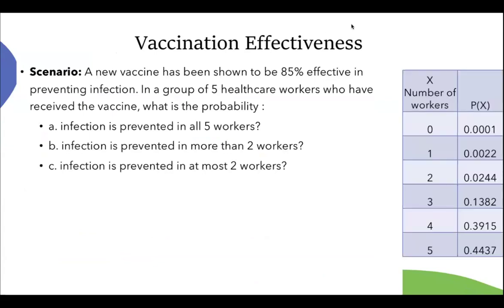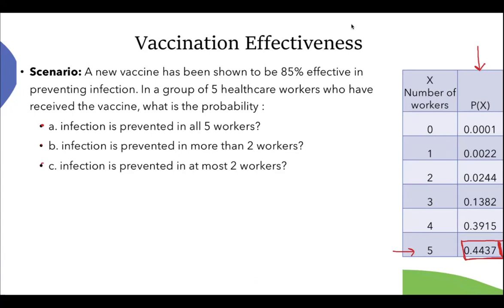So now we can answer our questions. If our table is complete, using binompdf on the calculator, that's how we filled in this column, we can answer A, B, and C now. A, what's the probability that infection is prevented in all 5 workers? All 5 means when X is 5, and the probability of all 5 being successful is 0.4437.